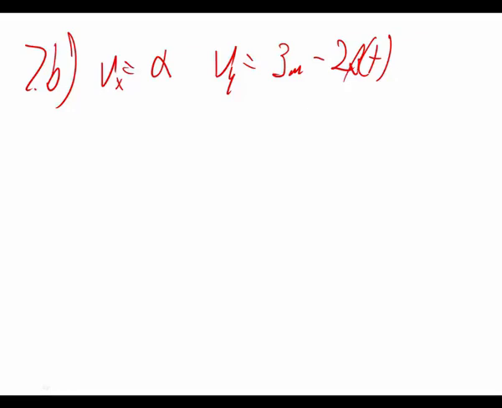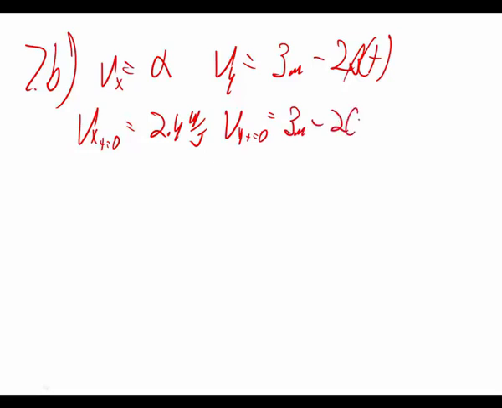Don't forget. All right, so V in the X at time 0 is going to be what? Well, what was alpha? 2.4? Yeah. So it's 2.4 meters per second, isn't it? What is Vy at time equals 0? Well, when you plug a 0 in there, you got 3 meters minus 2 times 0.